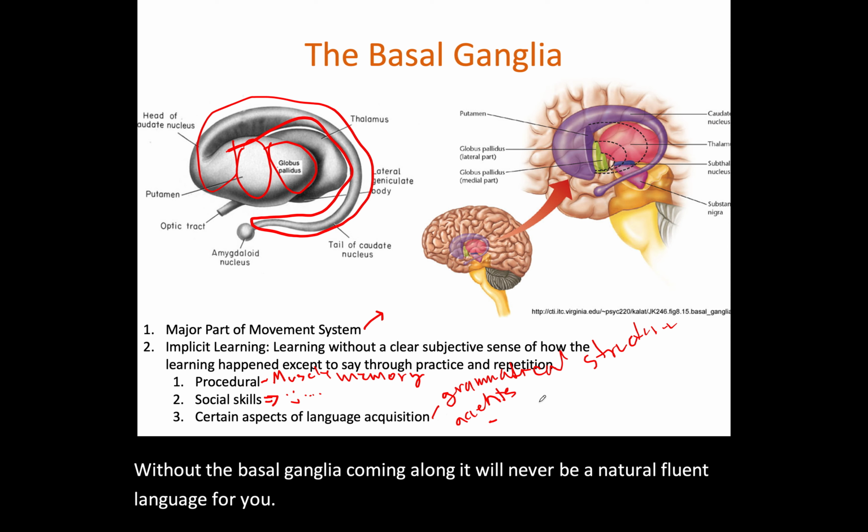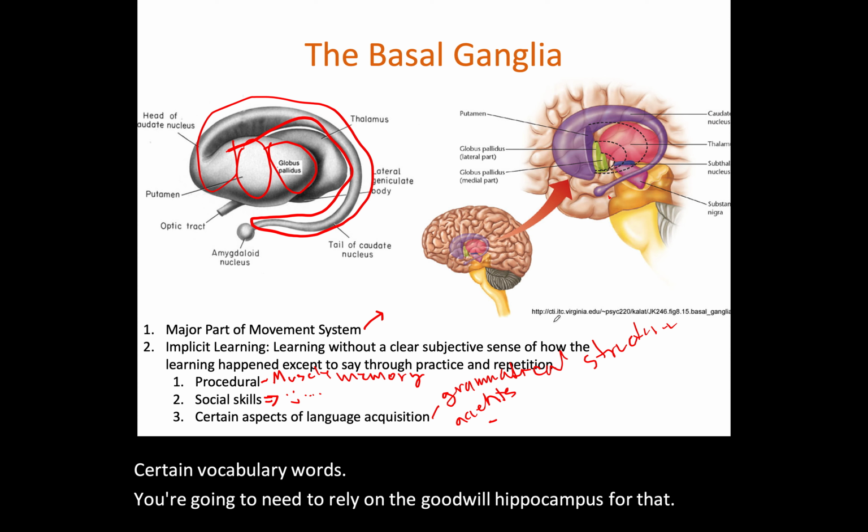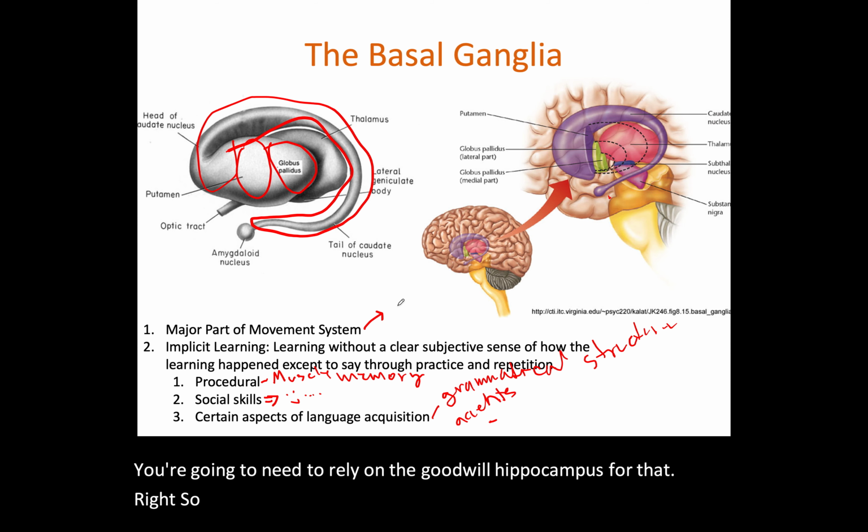But certain vocabulary words, you're going to need to rely on the good old hippocampus for that, right? So different brain systems are going to have to interact for many challenges of daily living.